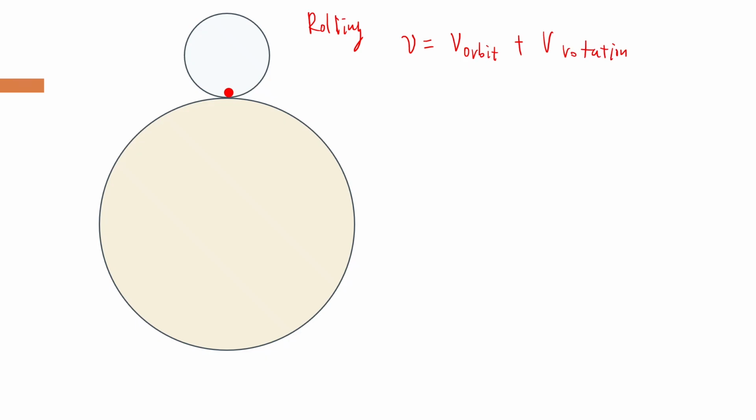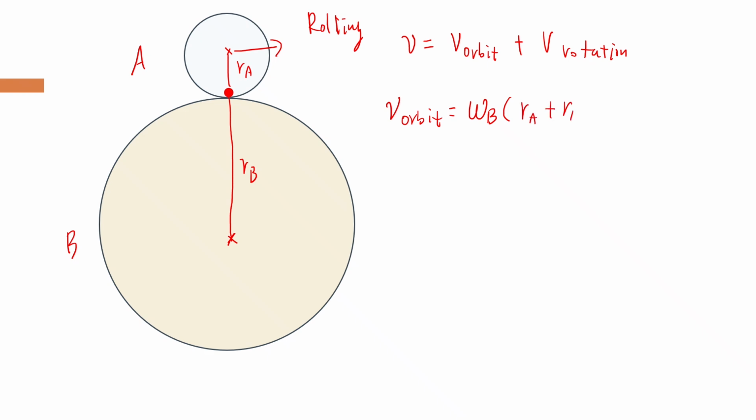Okay? This is our circle A, this is our circle B, and this is the center of A, this is the center of B. And we know this is RA, and this is RB. Then we know the orbiting velocity equals the orbiting angular velocity, omega B, times RA plus RB.